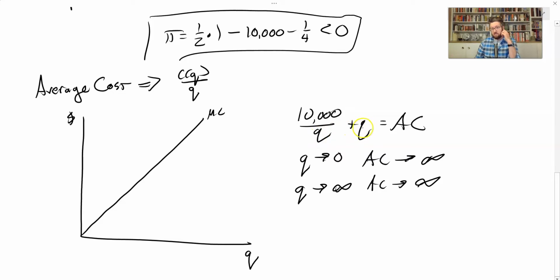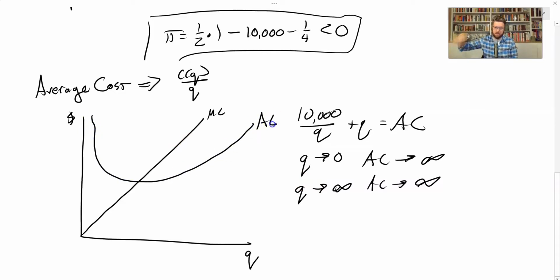But then if we add infinity to it, we have infinite costs. But in the middle, it's something positive and not necessarily that large. For example, if Q is 5,000, then 10,000 divided by 5,000 is 2 plus 5,000, so it'd be 5,002, which is big, but a lot smaller than infinite. Okay, so this is going to look something like this.